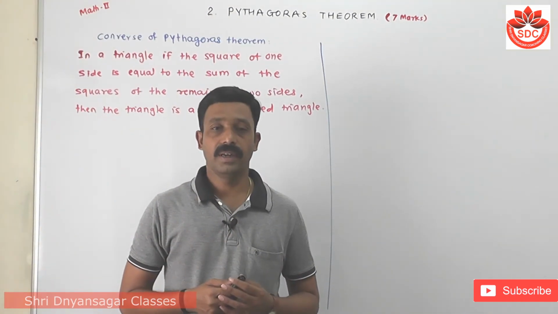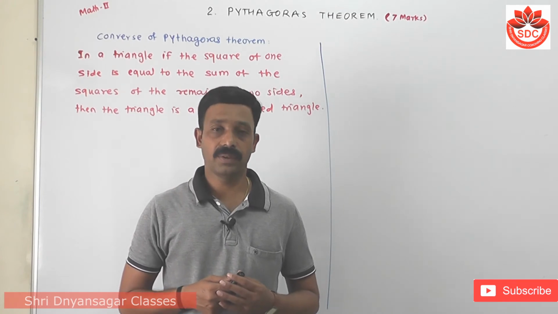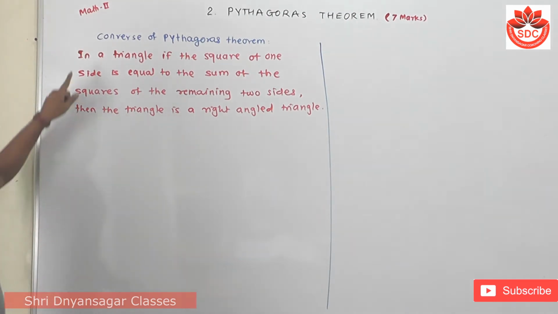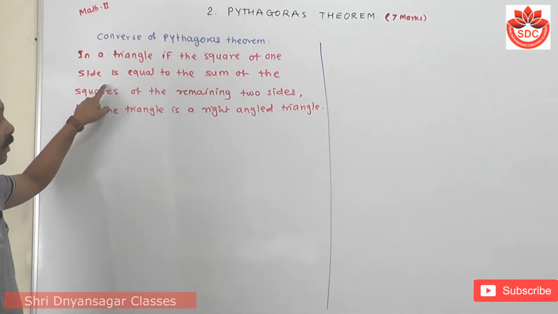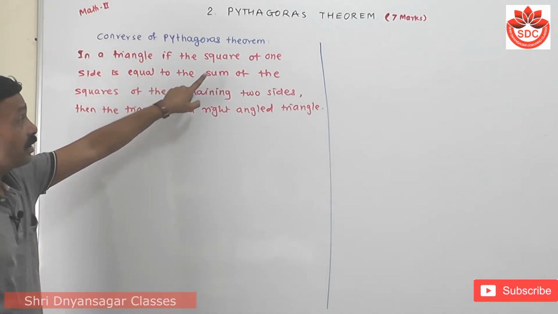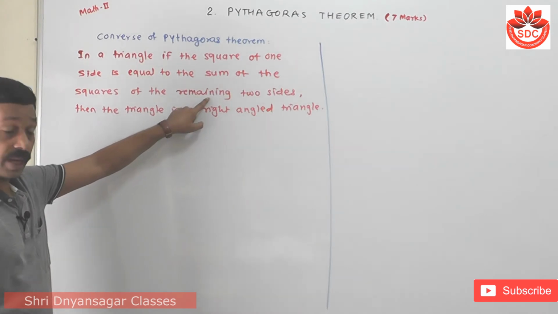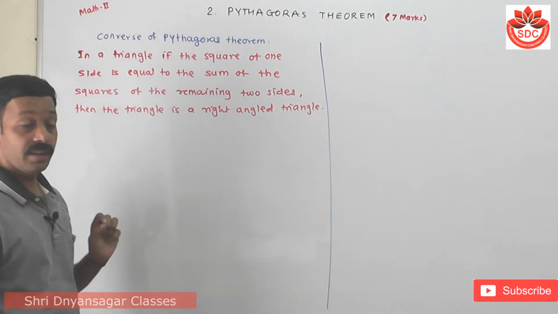Let's see the next theorem, the converse of Pythagoras theorem. The statement of this theorem is: in a triangle, if the square of one side is equal to the sum of the squares of the remaining two sides, then the triangle is a right angle triangle.